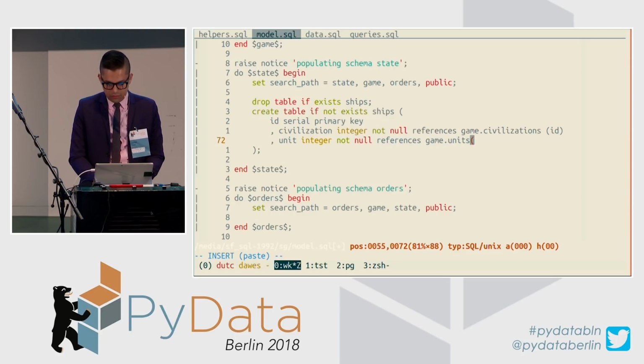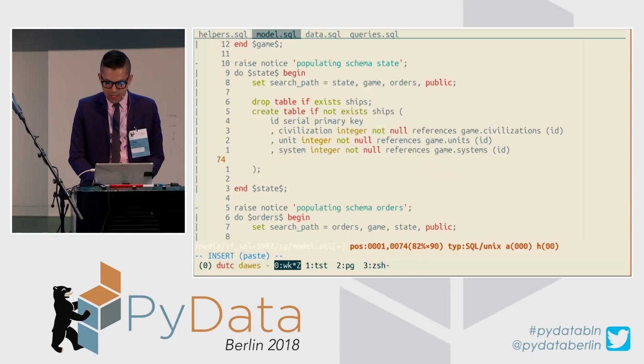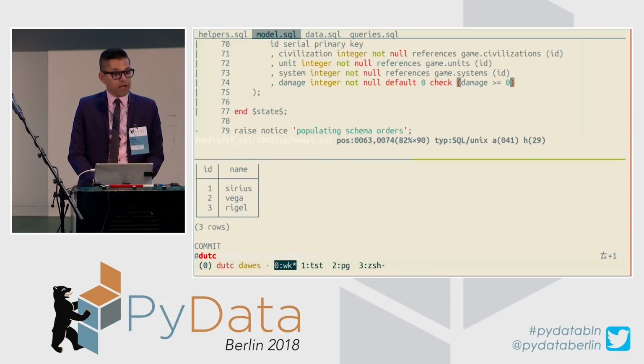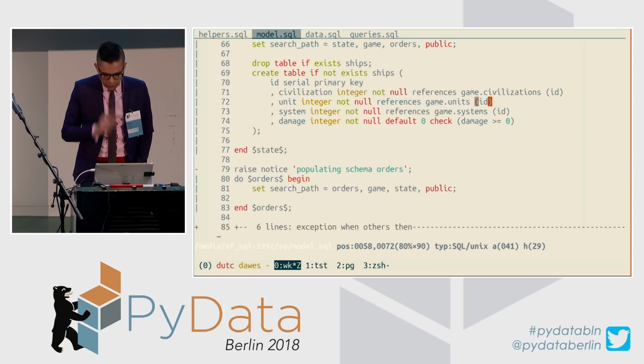Units. A ship sits in some system. And a ship has some damage that it has accrued. Okay? And everything still works. Now, there's one thing that I want you to think about right here, something very interesting.